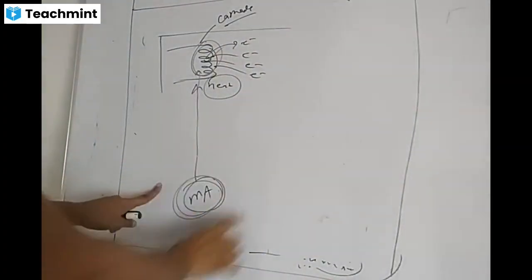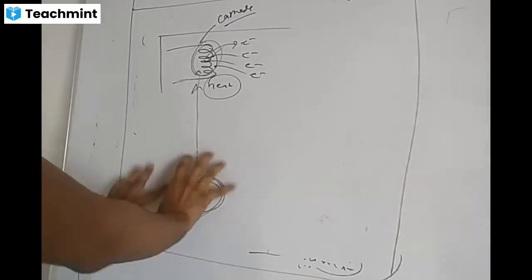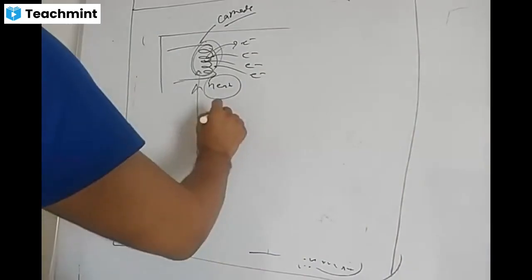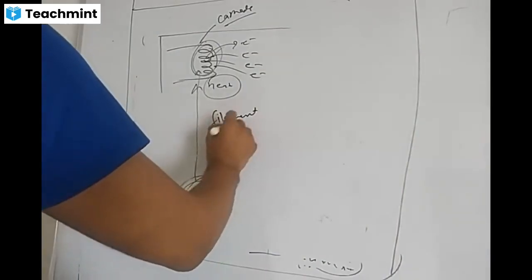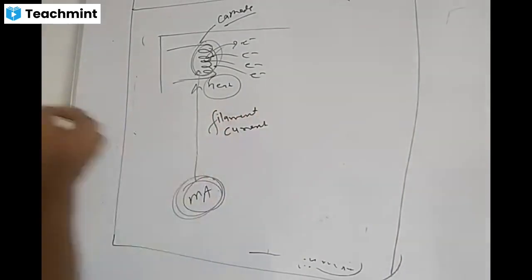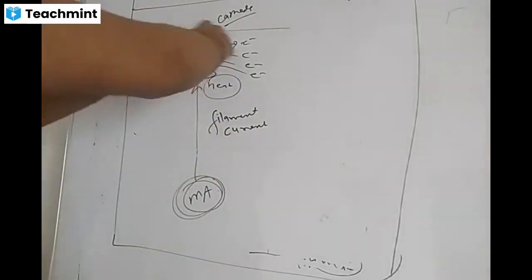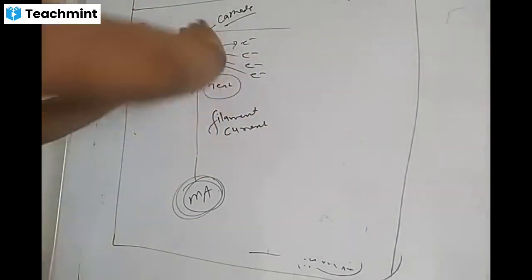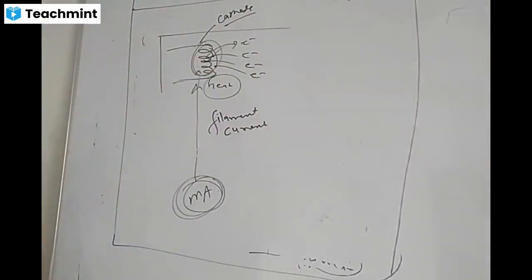We have given milliampere current to the filament, so we call this filament current. This is called filament current. The filament current heats the filament, and the electrons which are present at the surface come out. This is the role of the current.